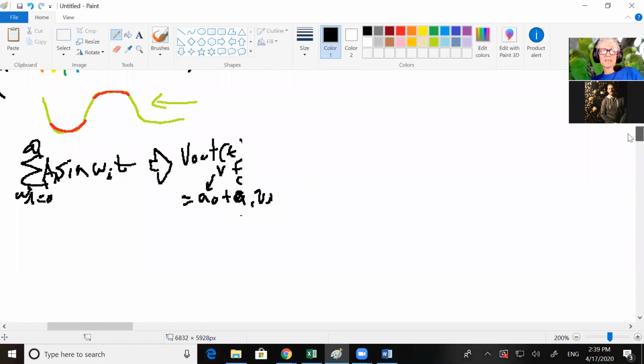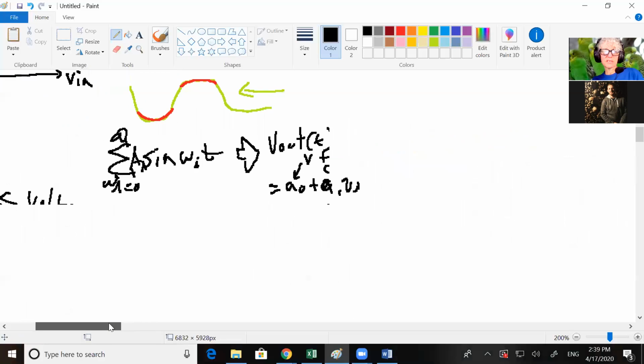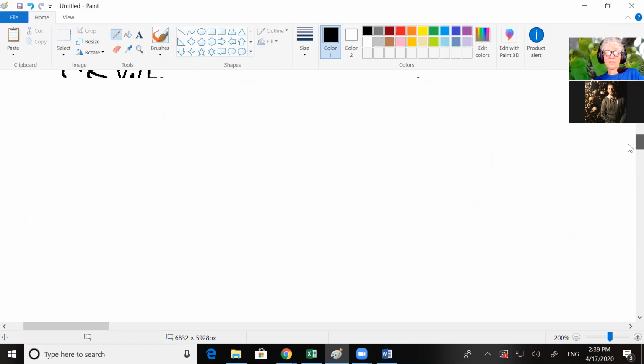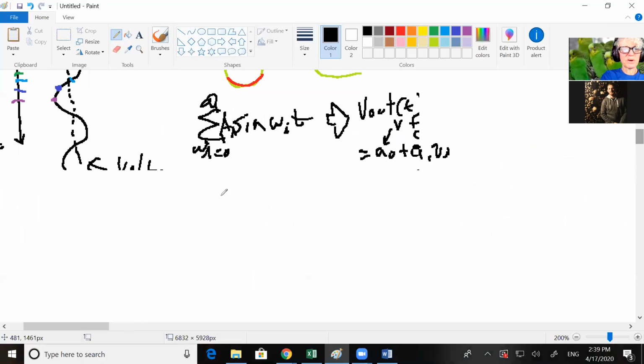Okay, so if you look at this equation, there's two parts to the description of your circuit. There's the DC part. So that's your biasing circuitry.